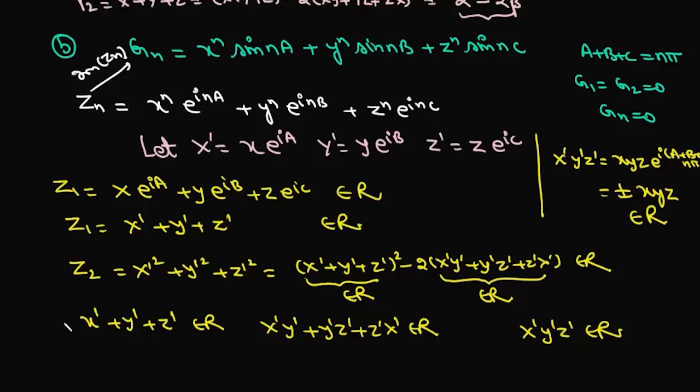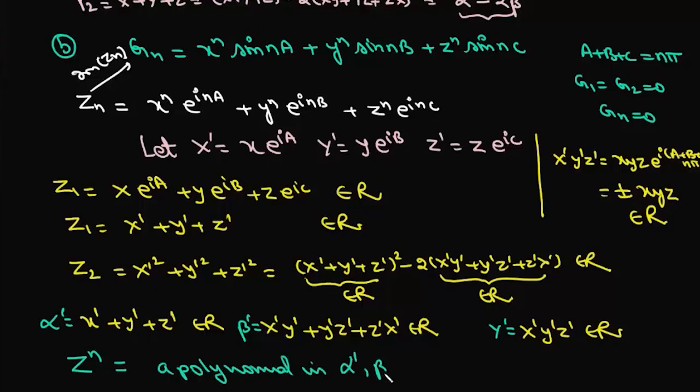And suppose these are our alpha dash, beta dash and gamma dash. Now using the first part, we can say that any z to the power n can be expressed as a polynomial in alpha dash, beta dash and gamma dash with integer coefficients.